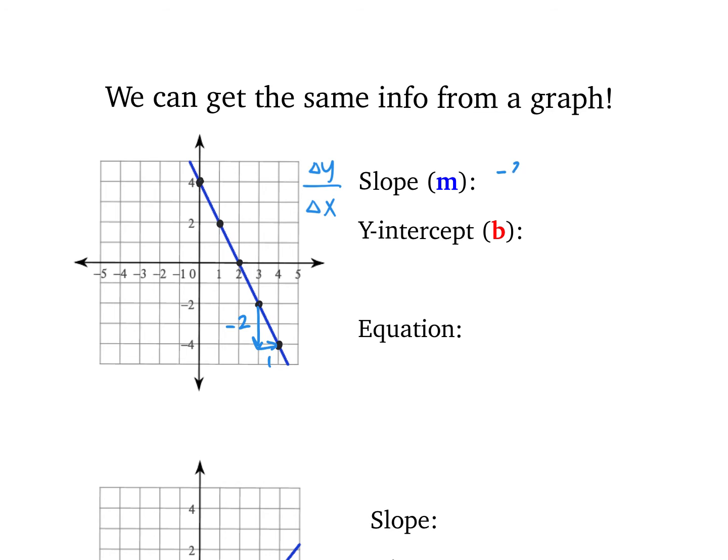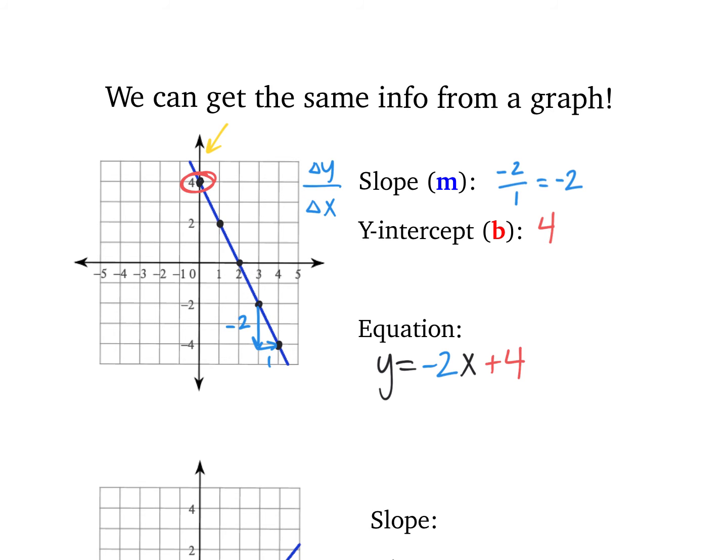So my slope here would either be negative 2 over 1 or just negative 2. My y-intercept is where it crosses the y-axis right here. So my y-intercept would be this value of positive 4. Now that I have those, I'm ready for my equation. y equals negative 2 for my slope x, and then plus 4 for the y-intercept.